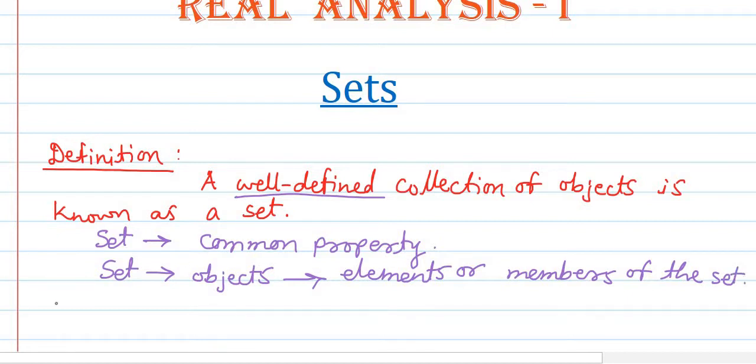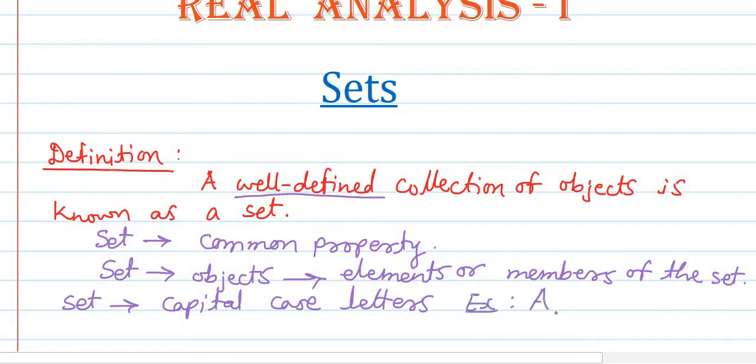Next, sets are generally denoted by capital case letters such as capital A, capital B, capital C, capital D, and so on.